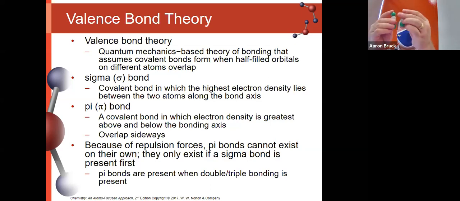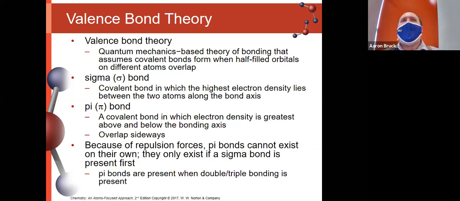And to get them close enough to where they could actually overlap that way, we'd get the nuclei too close to each other. There'd be way too much repulsion. So what happens instead is they sit a certain distance apart, and the electron clouds kind of just hang over like a bridge between those two p orbitals. As a result, the majority of the electron density is not between the two nuclei, but rather above and below the two nuclei.